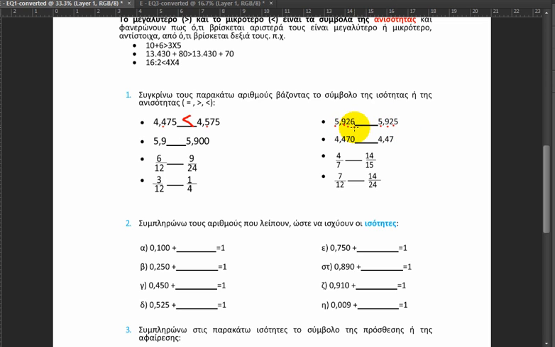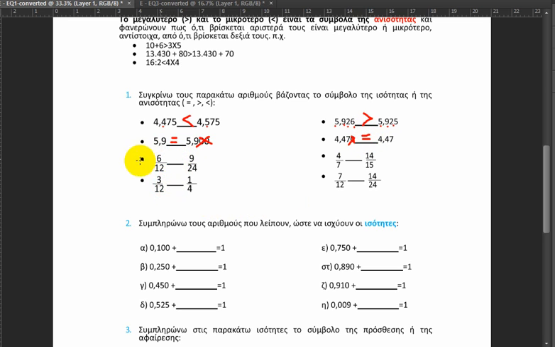But then 6 is more than 5. Therefore, this is more. Here, we've said that if the zeros are to the far right, you can erase them. So all you're left with is 5.9, meaning that these two are equal. They're the same. And the same goes for this. This 0 can be erased. So here you have 4.47 on both sides, so these are also equal.